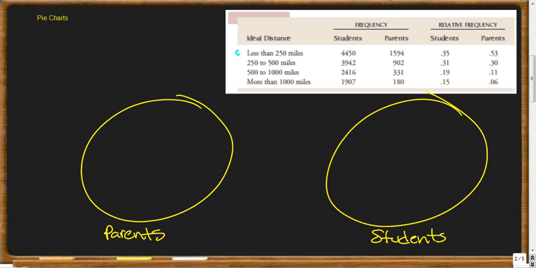So we'll have this one be blue, we'll have this one be purple, we'll have this one be green, and we'll have this one be red. So we just go through and we're just going to label these off pretty quick. It doesn't matter which order they're in either. For blue, less than 250, our parents are at 53%, so we're almost half, just a little bit bowed out.